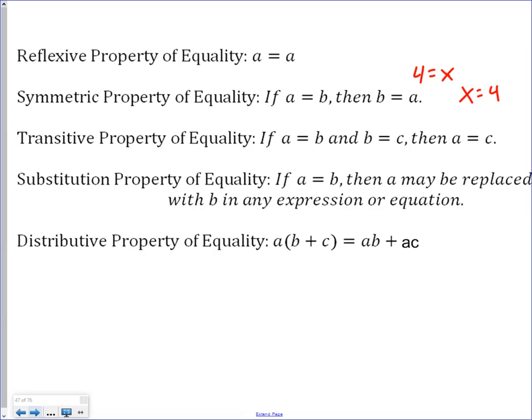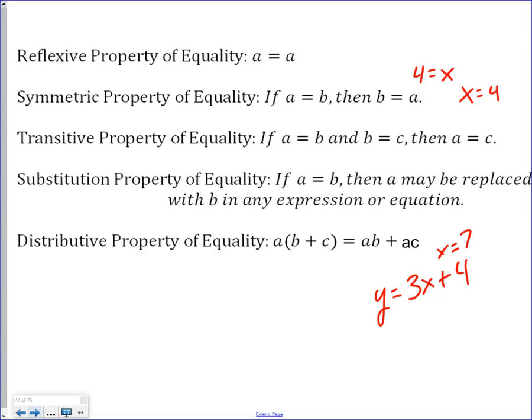Not always, but yes. We've done this a number of times this year. If we had y equals 3x plus 4, and we knew that x is 7, this just says we can plug in 7 for x.